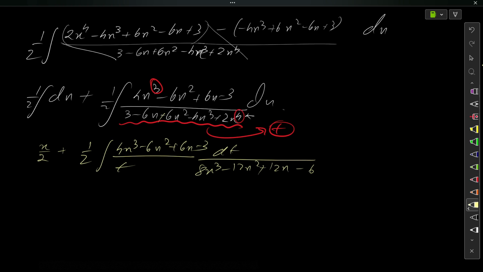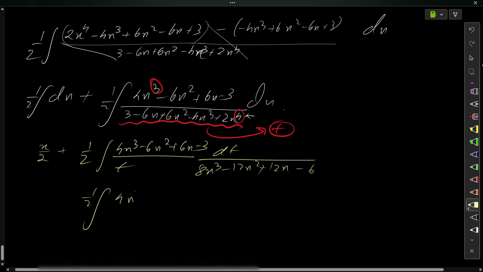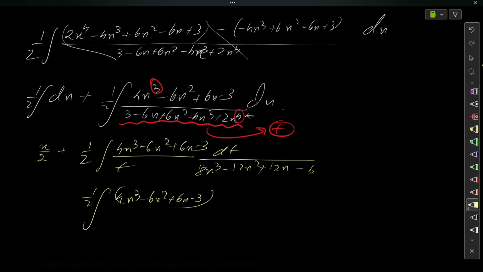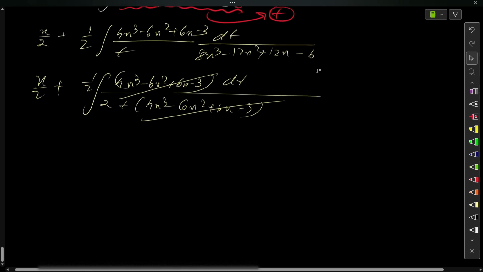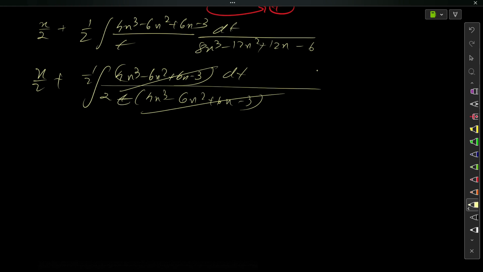Okay, minus 6. And if I take 2 common, then 2t, and this would be 4x cubed minus 6x squared plus 6x minus 3. Cancelled, cancelled. X by 2 plus. So yeah, this is t.